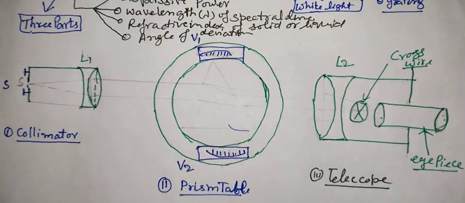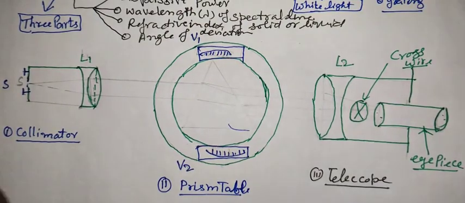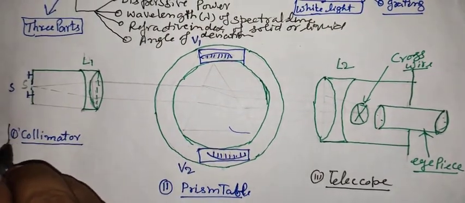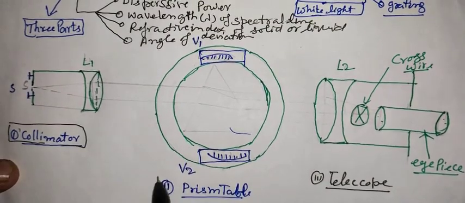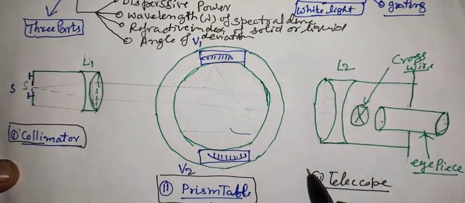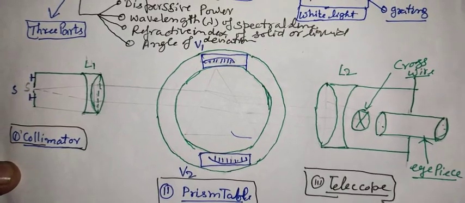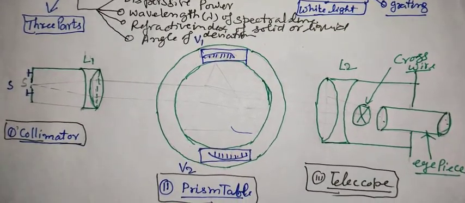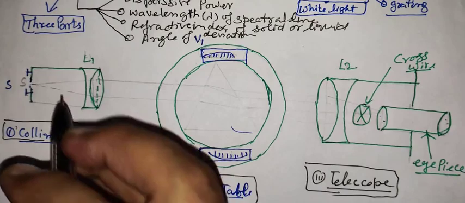So a spectrometer has mainly three parts. The first one is the collimator, the second one is the prism table, and the third one is the telescope. Here a general ray diagram is given.